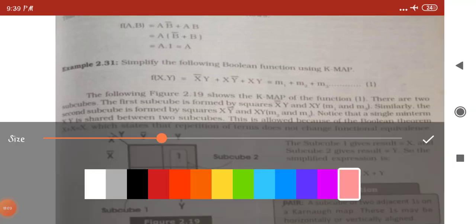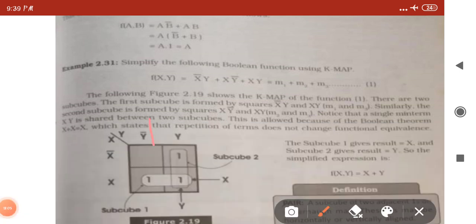First, to draw the K-map for this circuit. A bar, A, B bar, B. What is that?